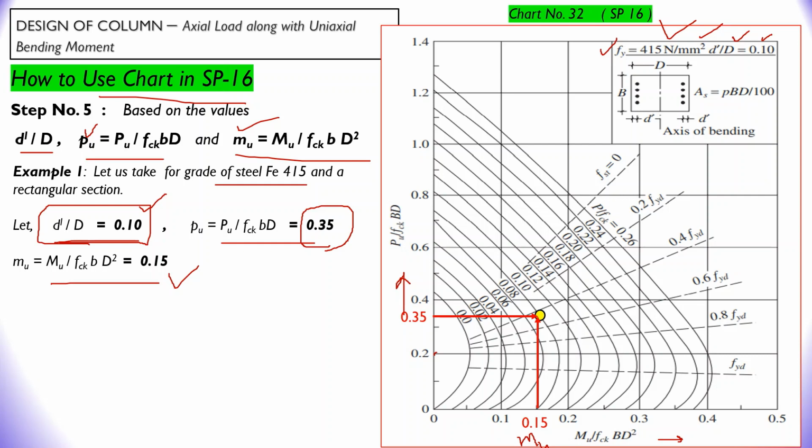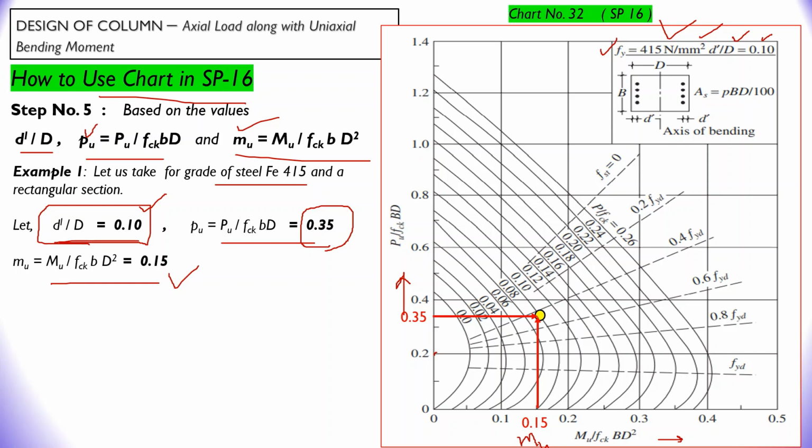Now what we have to do is draw two perpendicular lines. One is parallel to the y-axis passing through 0.15, and another from 0.35 parallel to the x-axis.